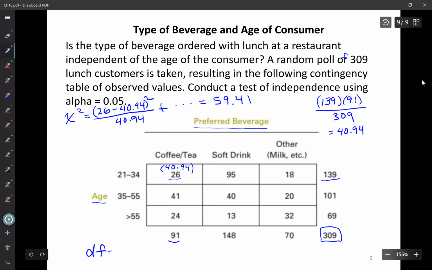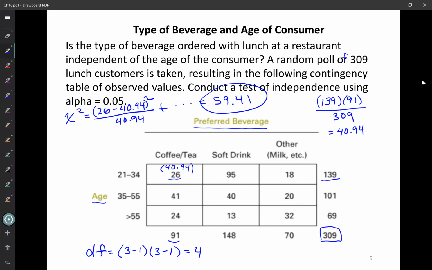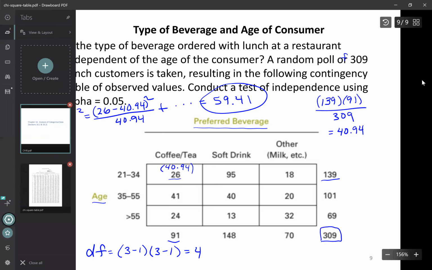Now we determine the degrees of freedom. The degrees of freedom are equal to the number of rows, which is 3, subtract 1, multiply by the number of columns, which is 3 as well, subtract 1, which ends up being 4 degrees of freedom. We want to remember this number, 59.41. We're going to compare it to the chi-square critical value.